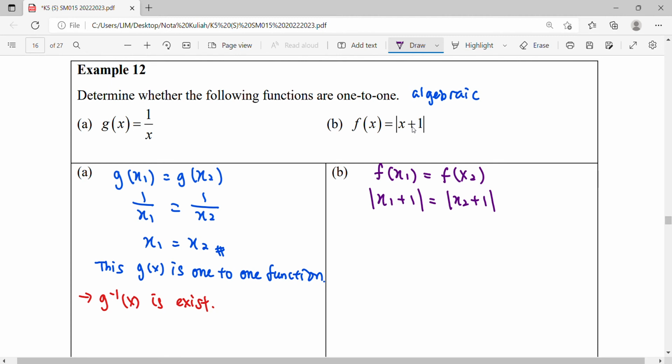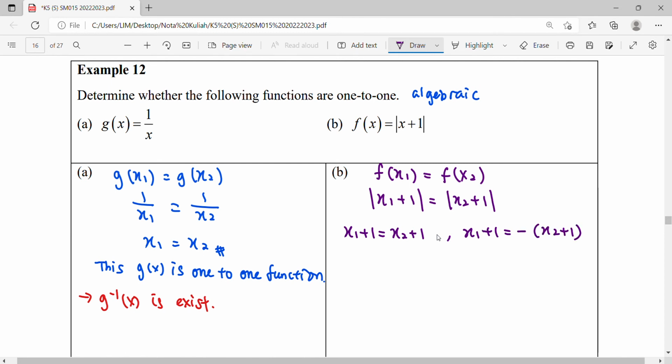To simplify the modulus on both sides of the equation, we have to use our basic definition where x1 plus 1 equals x2 plus 1, and the other part will be x1 plus 1 equals negative of x2 plus 1.